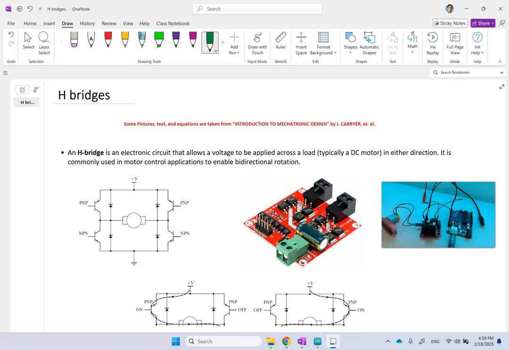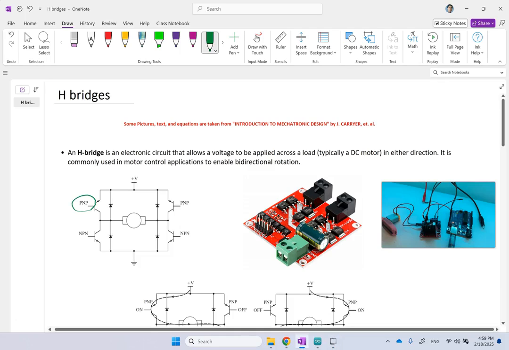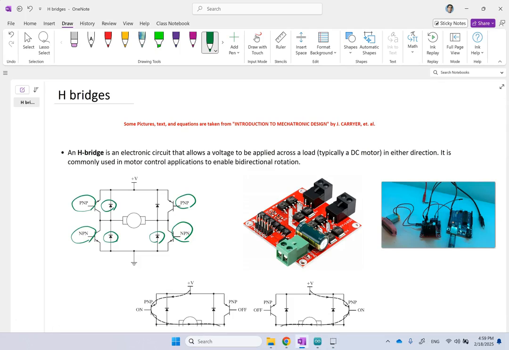And if you look at it, basically all it is in simple electronics is a combination of 4 transistors and 4 diodes. That's all it is. 2 of them are PNP and 2 of them are NPN, and there are 4 diodes here in parallel.